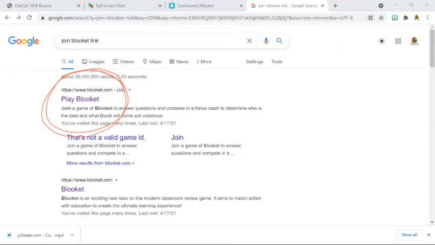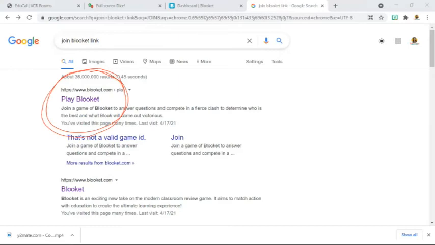The name of the game is called Bluecat. If you're using an iPhone or iPad, go to Safari. If you're using Google, go to Google and type Bluecat.